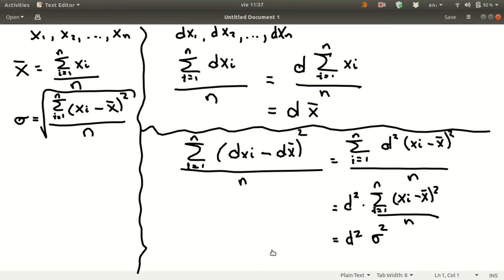So for the standard deviation, we would take the square root, and the square root is just d sigma. So it's the original standard deviation multiplied by the constant. The variance gets multiplied by the square of the constant. The standard deviation gets multiplied by the constant, because of course we take the square root of the variance to find the standard deviation.